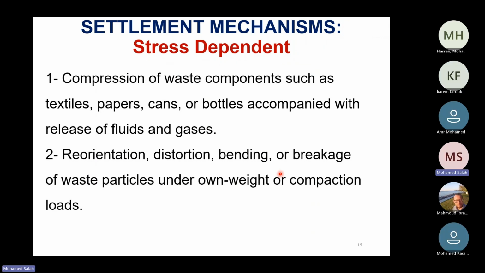This mechanism involves the compression of waste components such as textiles, papers, cans, and bottles, accompanied with release of fluids and gases. It also involves reorientation, distortion, bending, or breakage of waste particles under their own weight or compaction loads.